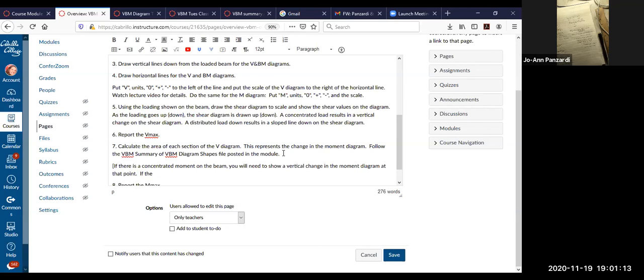If the moment applied is positive, the moment diagram shows a negative change.